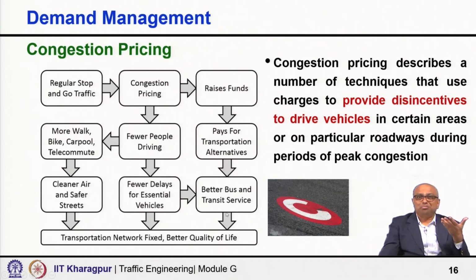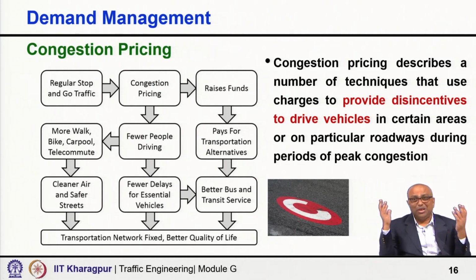So, better bus and transit services. With fewer delays, your overall transit service may become even better. So, altogether you are helping fix the transportation network, better quality of life you are able to offer, and the overall ambient congestion is lower, air quality improves and all sorts of benefits.